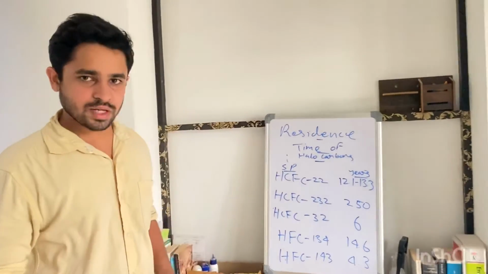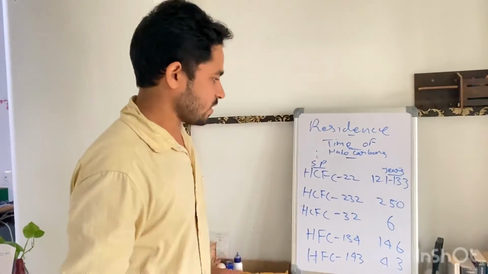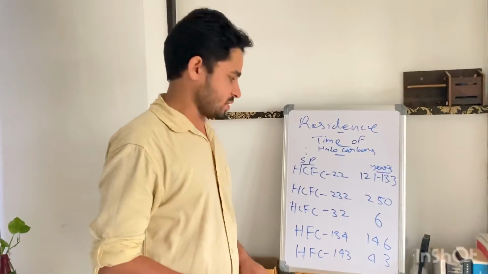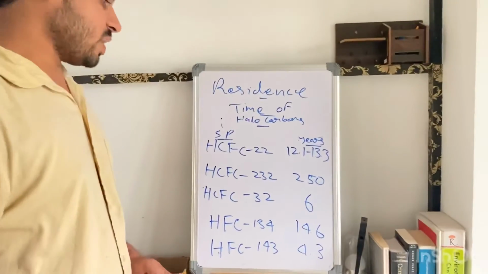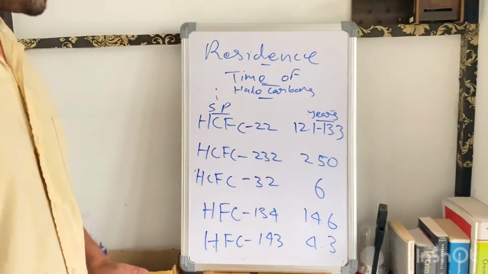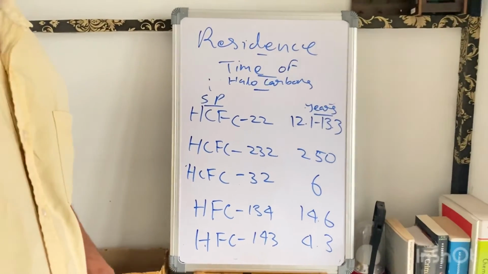Coming to HCFC and the residence time. HCFC 22 has a residence time of 12 to 13 years. HCFC 232 has a residence time of 250 years. HCFC 32 has a residence time of 6 years. Now we will discuss HFC, hydrofluorocarbons.